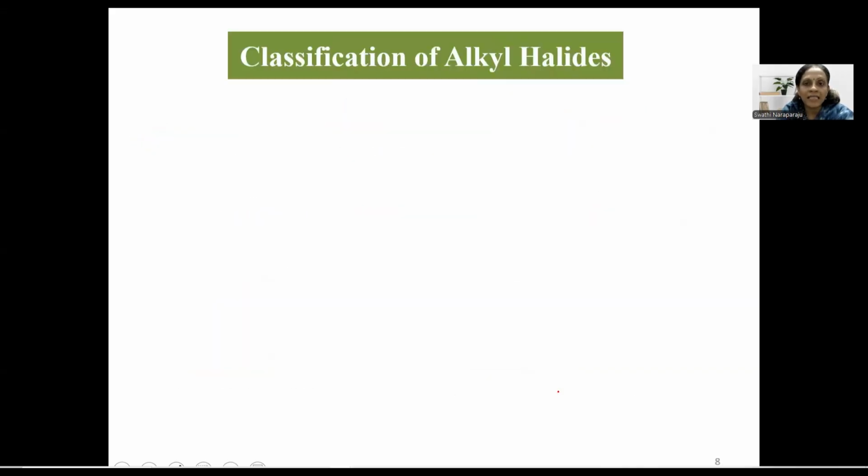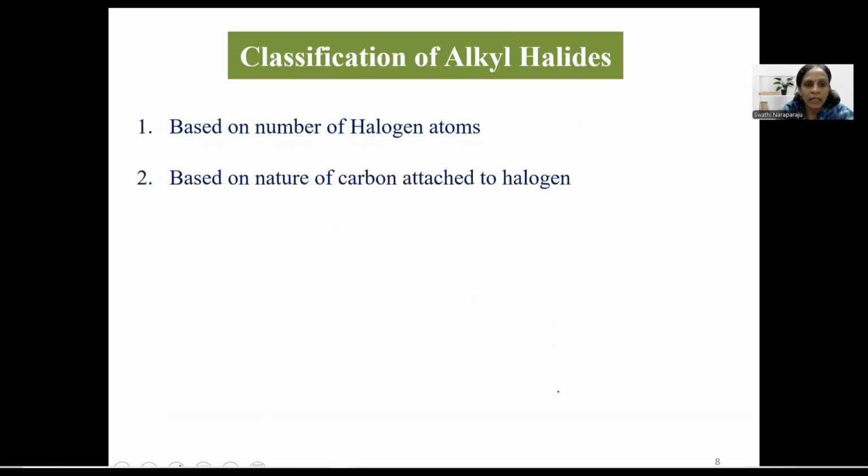Now coming to the classification of alkyl halides. They can be classified based on the number of halogen atoms present in the given molecule, or even based on the nature of carbon to which the halogen is attached. Let us consider first the classification based on the number of halogen atoms present.